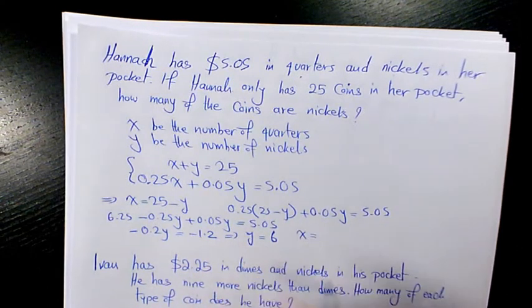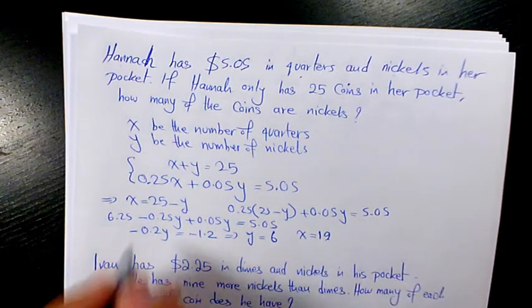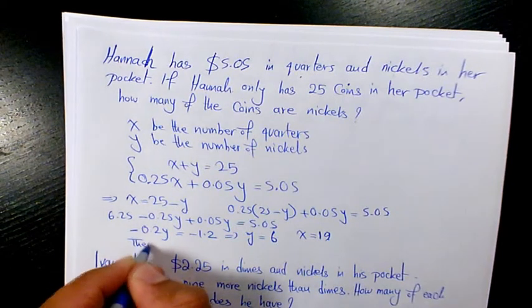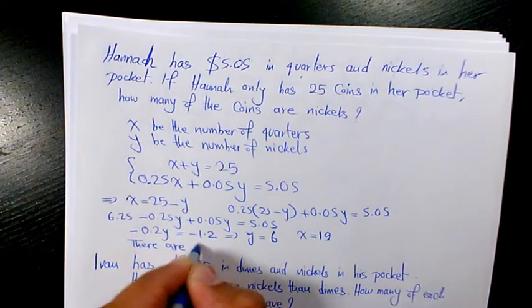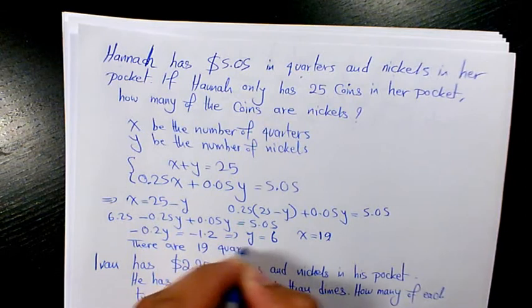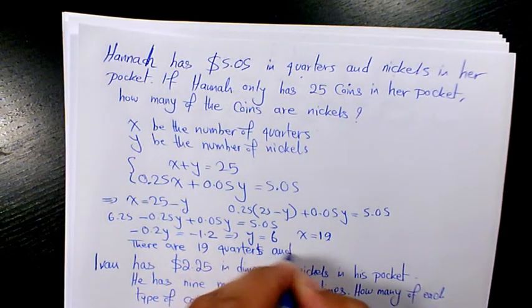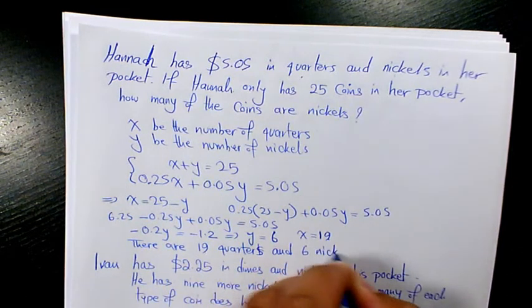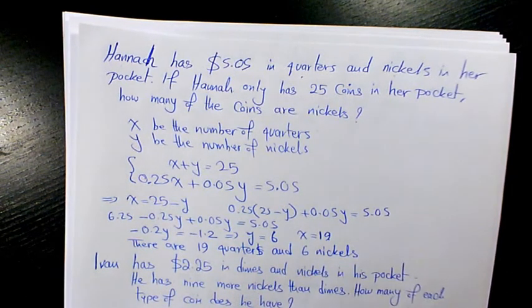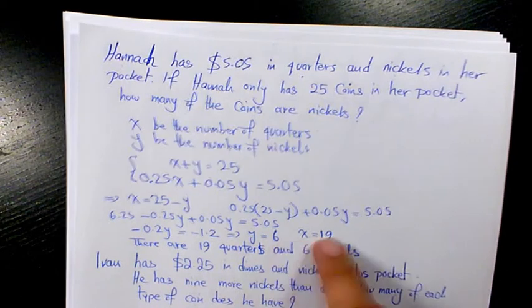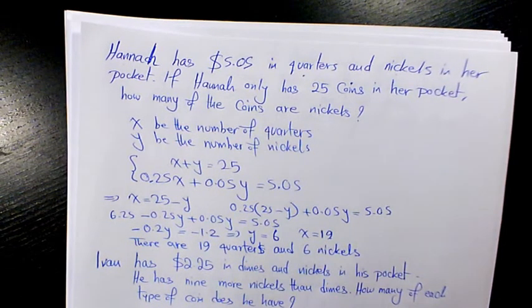X will be 25 minus 6, 19. So there are 19 quarters and 6 nickels. You can also double check it. 19 plus 6 is 25, and 19 times 0.25 plus 6 times 0.05 is going to give you $5.05.